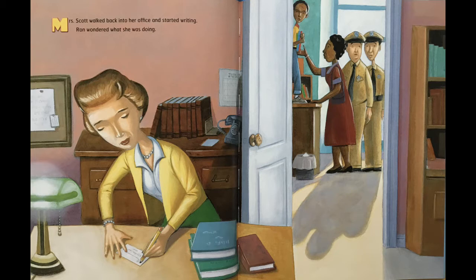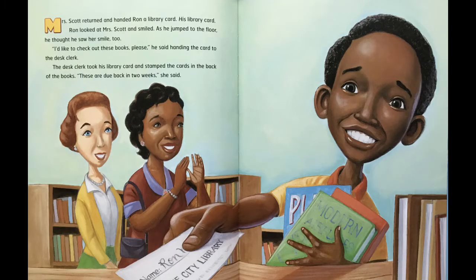Ron wondered what she was doing. Mrs. Scott returned and handed Ron a library card. His library card. Ron looked at Mrs. Scott and smiled. As he jumped to the floor, he thought he saw her smile too.